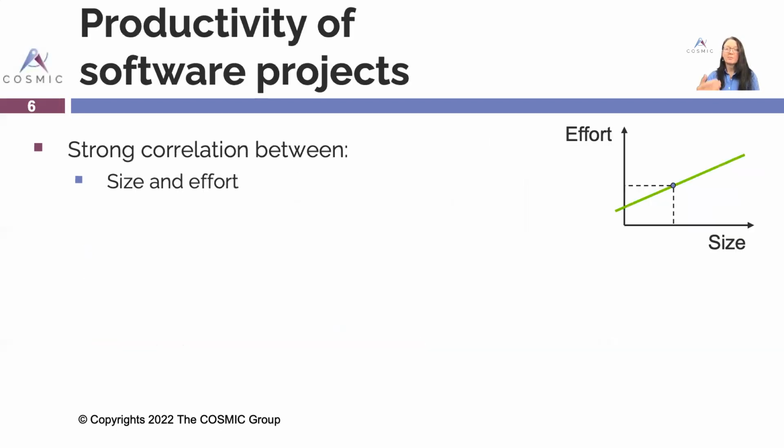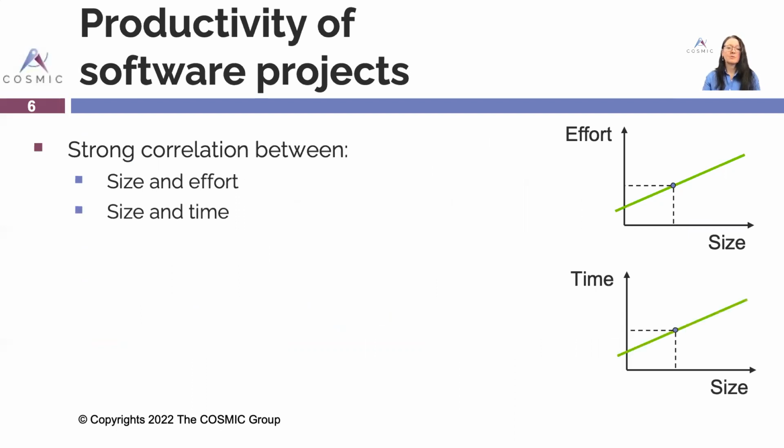Now, if we look at productivity of software projects, research has shown that there is a strong correlation between size and effort. There is also a strong correlation between size and time elapsed, or project duration. Now, with the project data, we can derive the unit cost, which is the ratio of effort over size, or hours per cosmic function point.